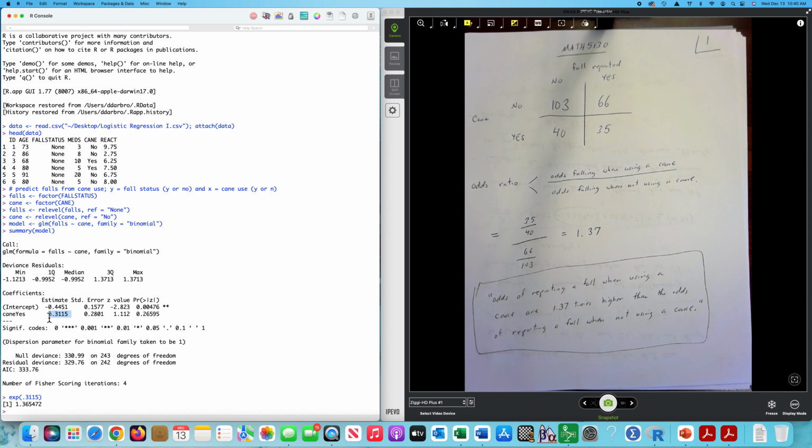It's precisely that. Now, for quantitative variables, we get back into that as x increases 1 unit, the odds are, but I'll show you that in due time. And also in interpretation, if I have more variables here other than just cane, which we will, you would add controlling for, just as we've done in the multiple regression setting. Okay?